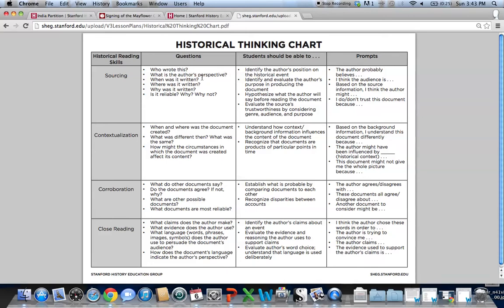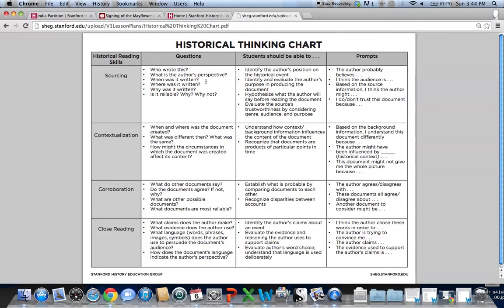Say we have a DBQ on the civil rights movement, with one article from Malcolm X and one from a member of the KKK. You can obviously say their perspective is shaped by their role in society.